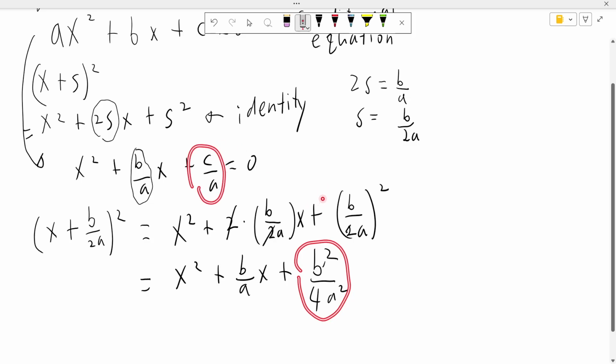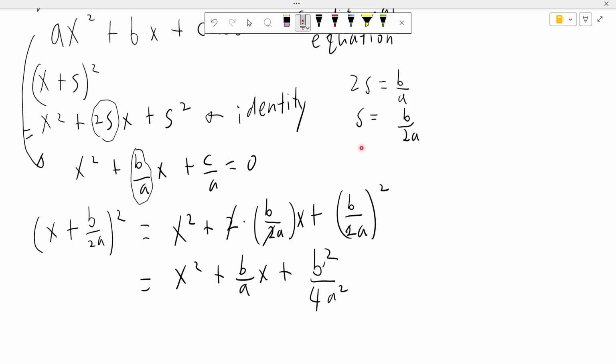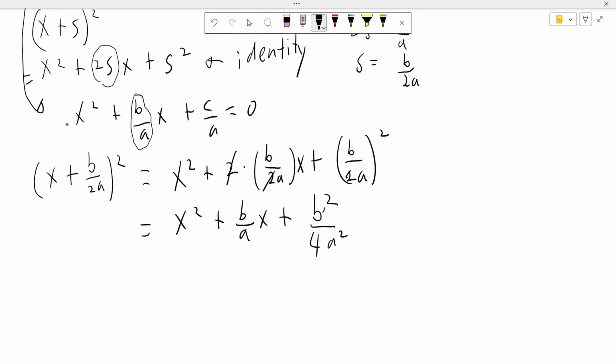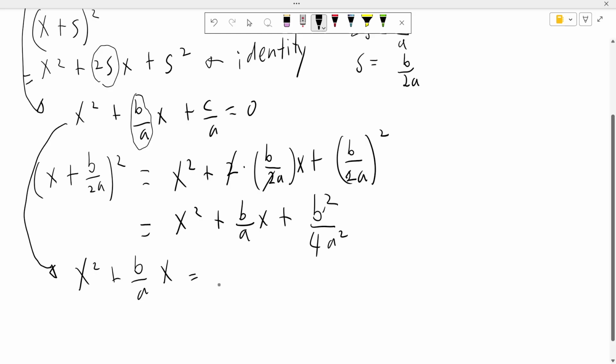How do we take care of that? It can be a little bit hard to see right away. But if you put this equation into a slightly different form, like this, I just move the c over a over to the other side.